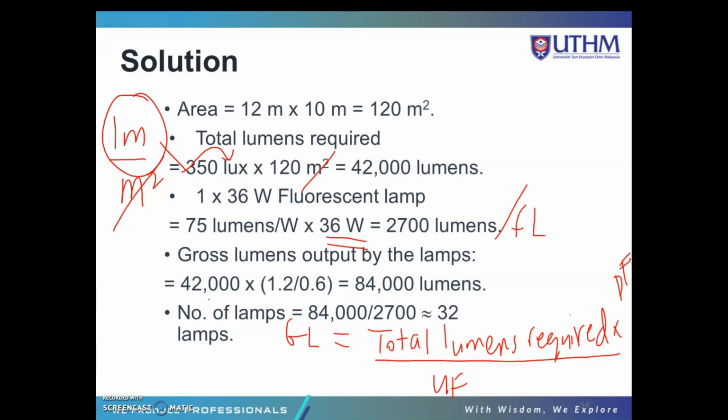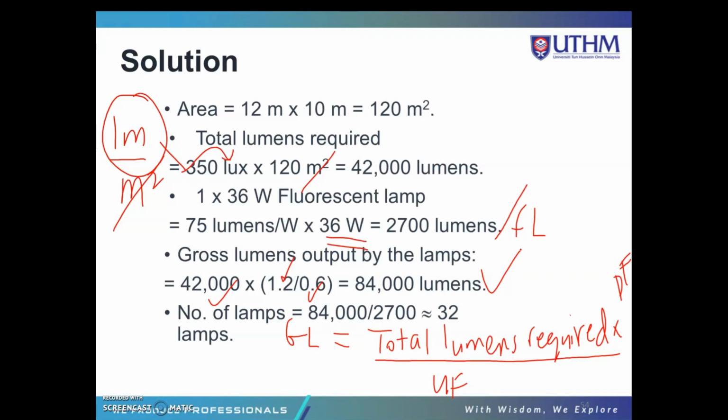So total lumens required is 42,000, and then you multiply by the depreciation factor 1.2 and divide by the utilization factor 0.6. Then you get the gross lumens, which is 84,000 lumens.